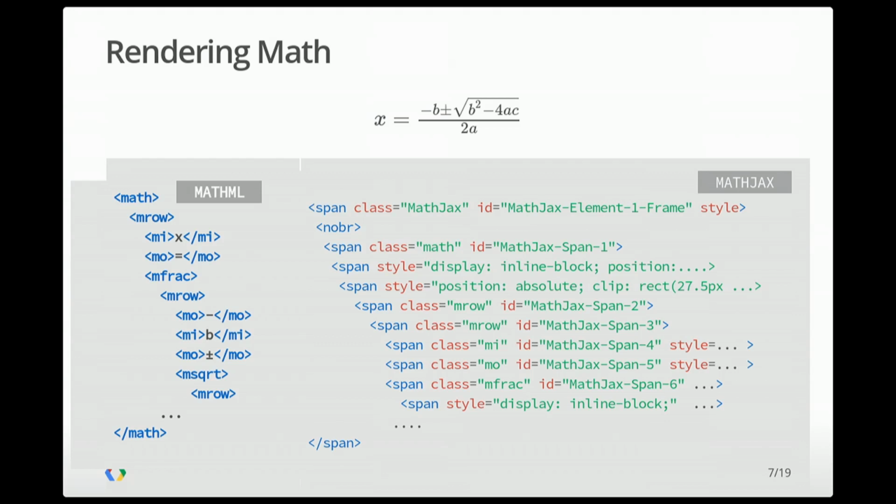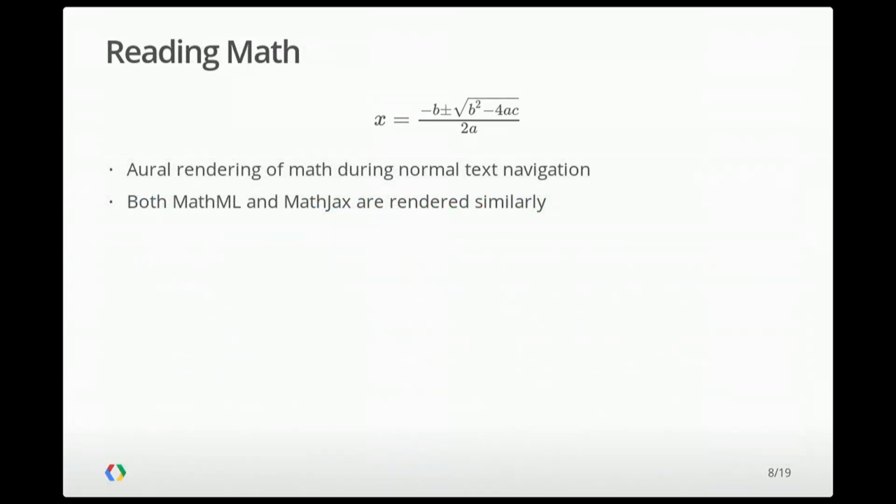Nevertheless, within ChromeVox, we can speak both MathML and MathJax similarly. So the oral rendering is done normally during the text navigation, and I'll show you how this then sounds.